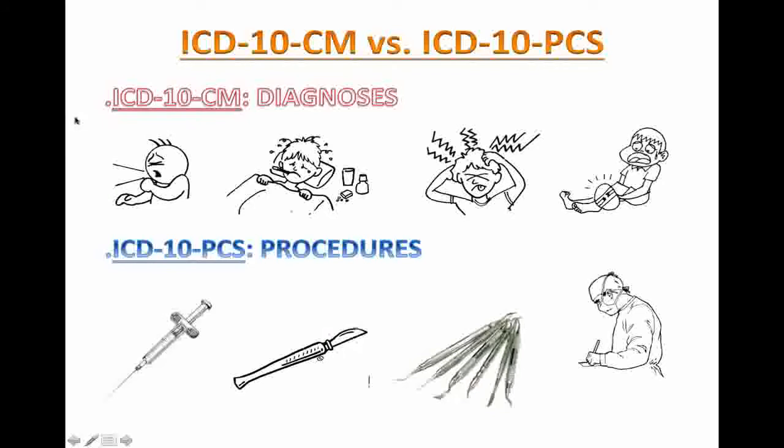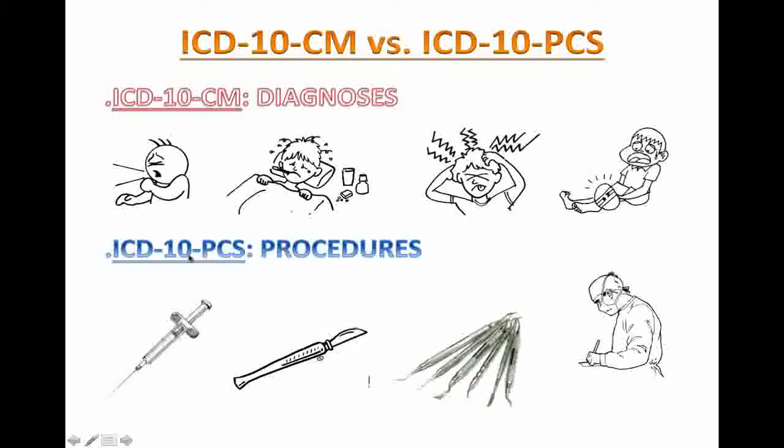First, ICD-10 consists of two parts, ICD-10-CM and ICD-10-PCS. CM stands for clinical modification. It usually refers to a sign or symptom like cough, fever, headache, or a condition like a broken bone or fracture.